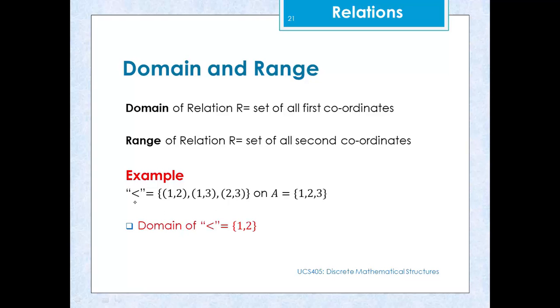Now the domain of less than will be the set containing elements 1 and 2, because these are the first coordinates of these ordered pairs. Similarly, what will be the range of this relation less than? The range of this relation less than should be 2 comma 3 here.